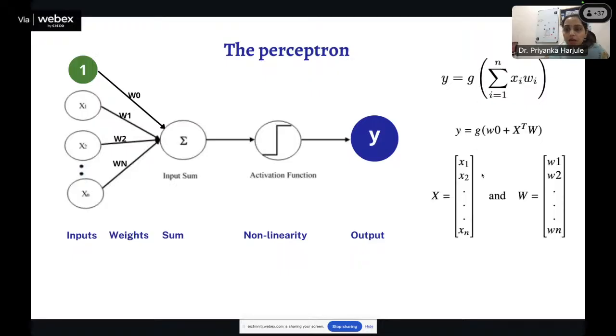So basically you are taking the bias plus the dot product of the weight matrix with the input matrix. That is giving you the input on which you are going to apply the non-linearity.